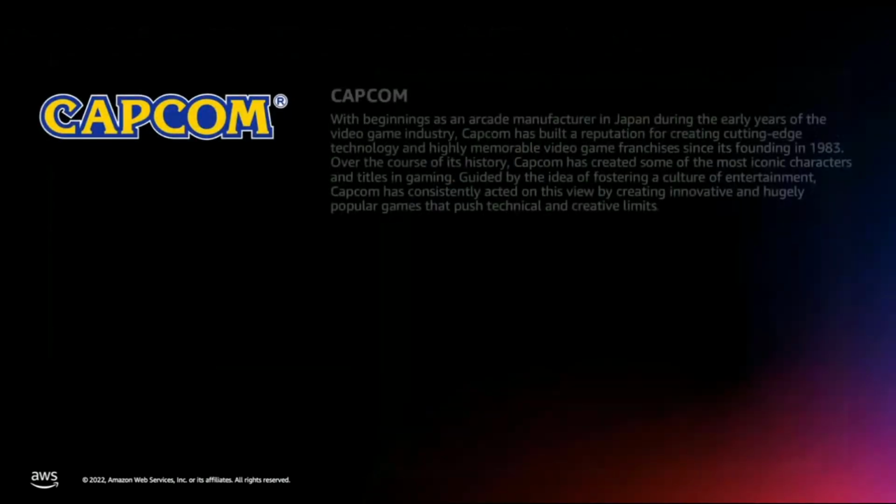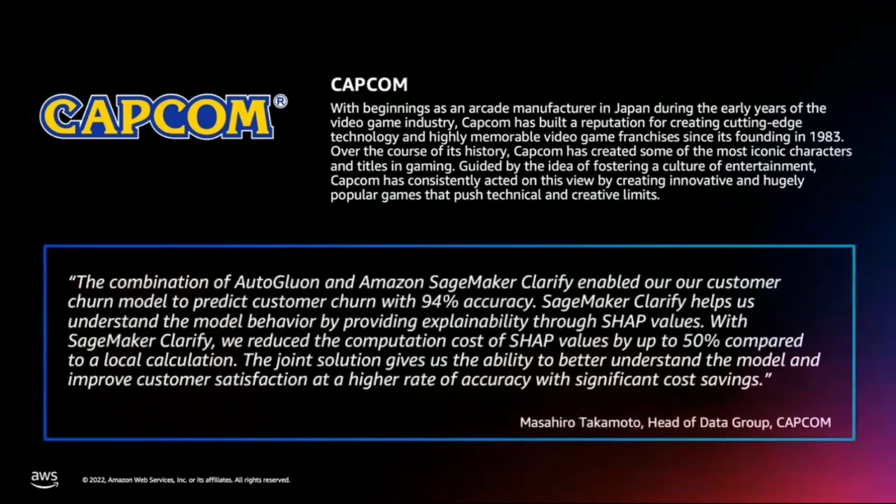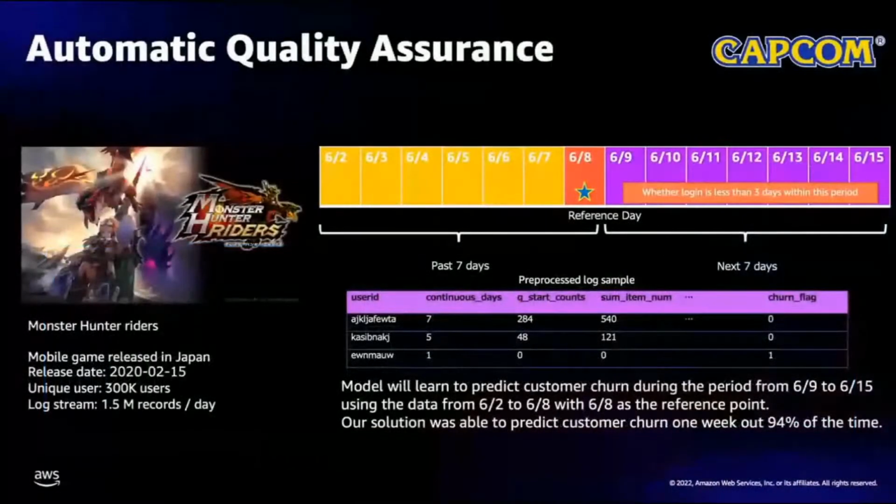So here is one specific example. Capcom is a video game company out of Japan, and they actually used SageMaker Clarify to explain their churn prediction model. And here are some additional details. Every company, of course, has a slightly different type of product or service, and therefore you need to define what it means for somebody to churn.